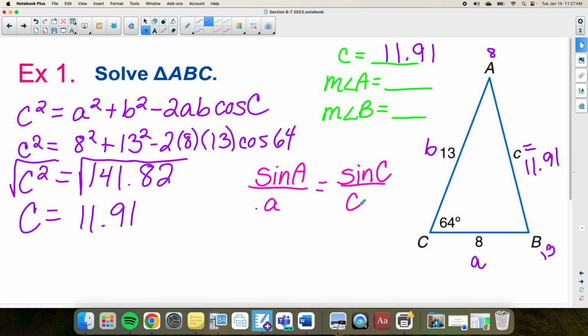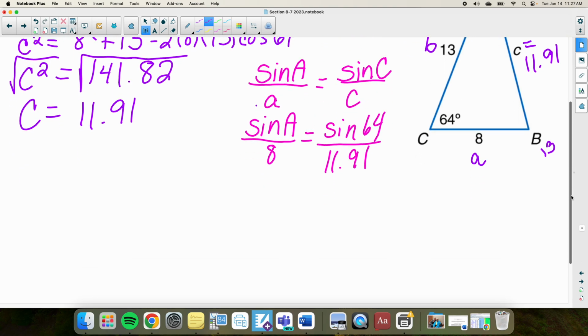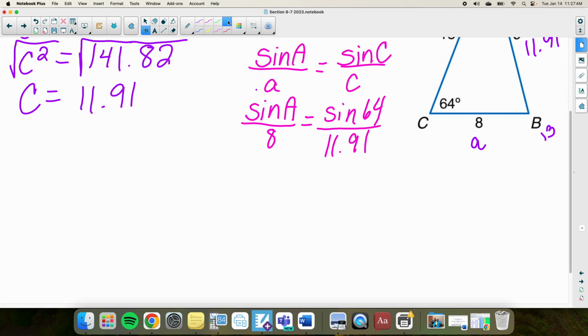So now if I substitute in, I'm going to go sine of A, which is what I'm looking for, over little a, which is 8, equals sine of C, which is sine of 64, over little c, which in this case we are rounding to be 11.91. Okay? Now when I go to do this, I'm going to do cross products again.